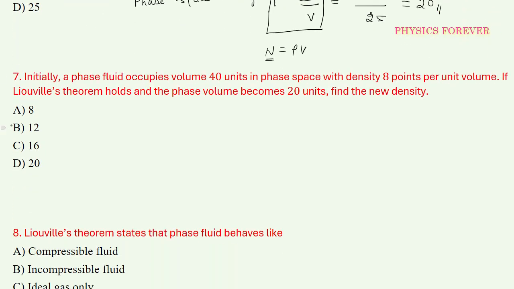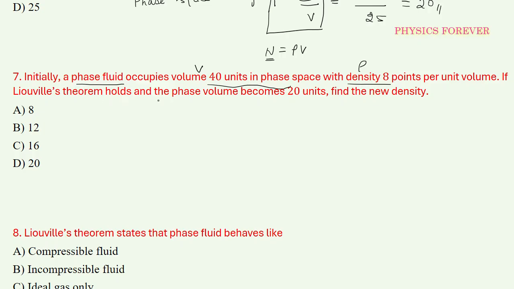Question number 7: initially a phase fluid, which is incompressible, occupies a volume of 40 units in phase space with a density of 8 points per unit volume.